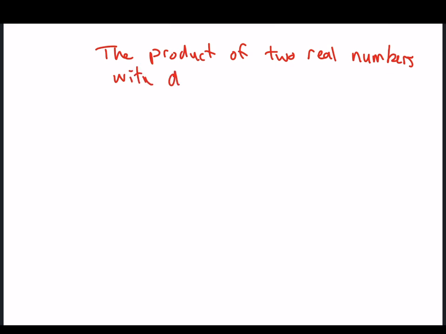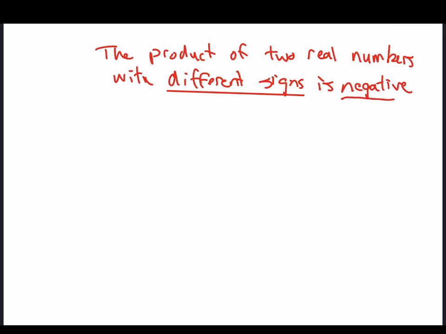Let's first talk about properties of multiplying real numbers. The first is that the product of two real numbers with different signs is negative. In other words, if you have two factors in a product, one is negative and one is positive, then your answer will be negative.